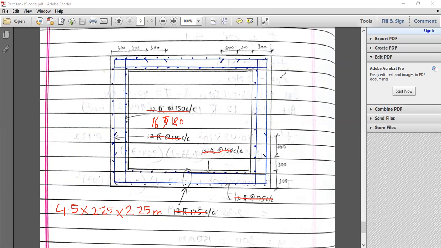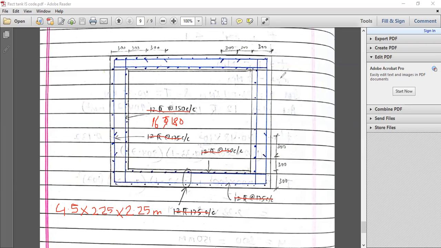Okay, it is mentioned that rigidly jointed at the vertical edges. तो जो तुम्हारे vertical walls जो है वो fixed है and it is pin jointed at the horizontal edges. मतलब जो bottom है वो pinned है. ठीक है, तो in this you will check the moment coefficients when the bottom is hinged, vertical edges are fixed and the top is free.